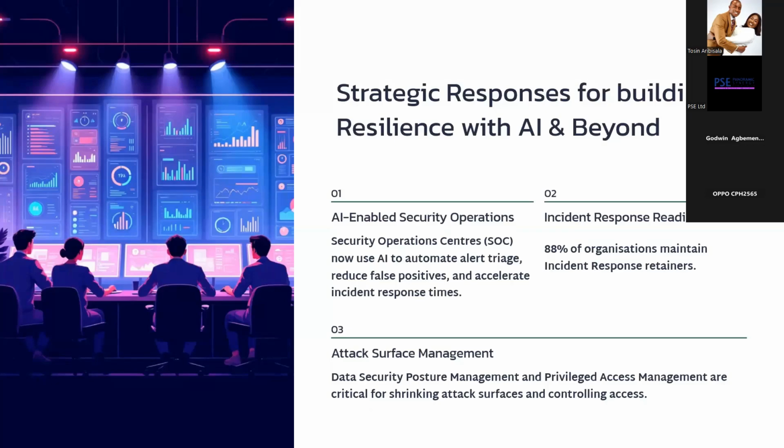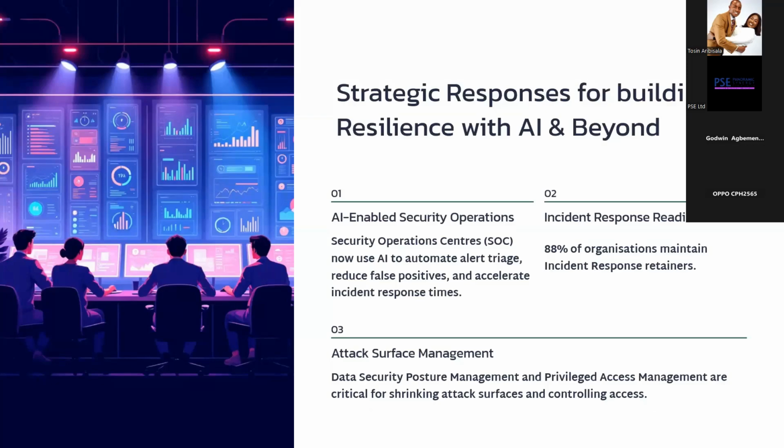Also, we have incident response readiness. 88% of organizations maintain incident response retainers. This is where we have incidents that may affect our system. With the integration of AI in all our doings as an organization, it helps us have a level of confidence as high as 88% to be ready to respond to any form of incident.